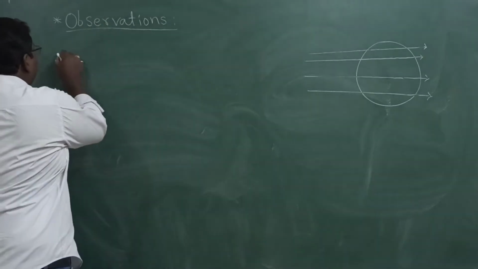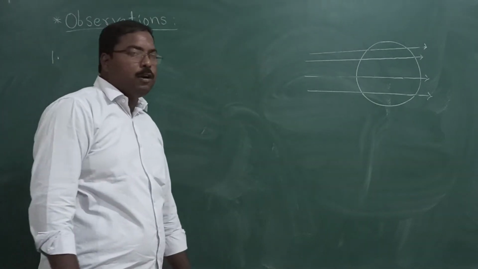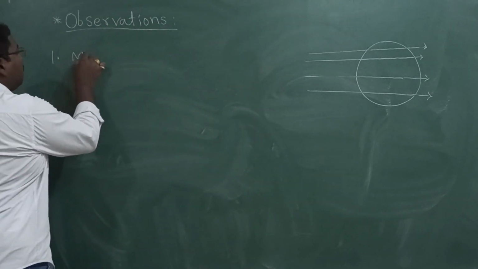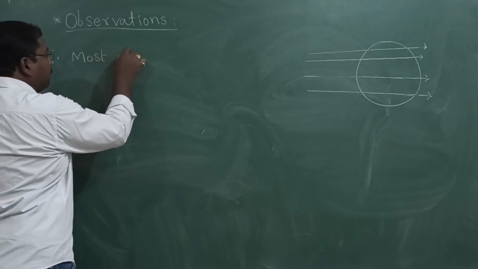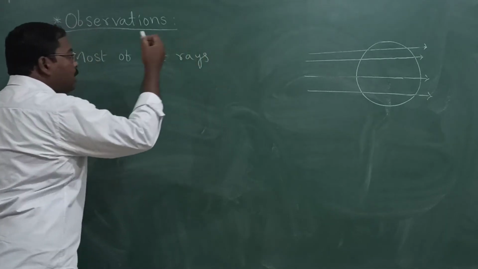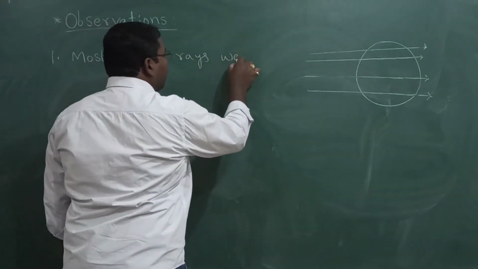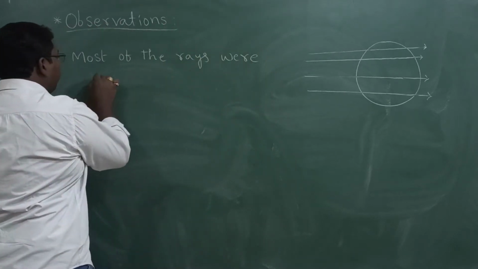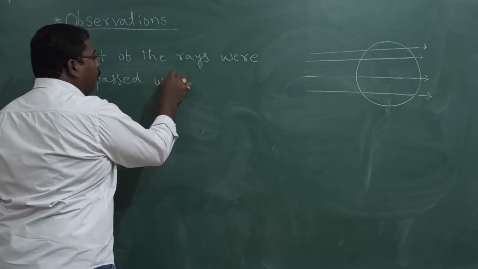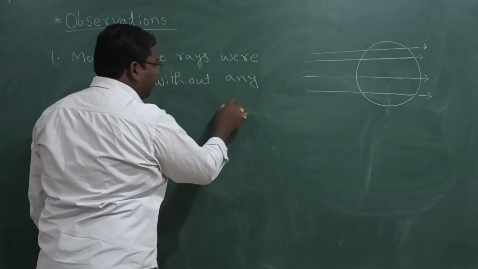Okay? Let us write what he observed. I told you three types of rays he observed. Now coming to the first type of rays: most of the rays, whatever rays he passed to the gold foil, most of the rays were passed without any deviation.